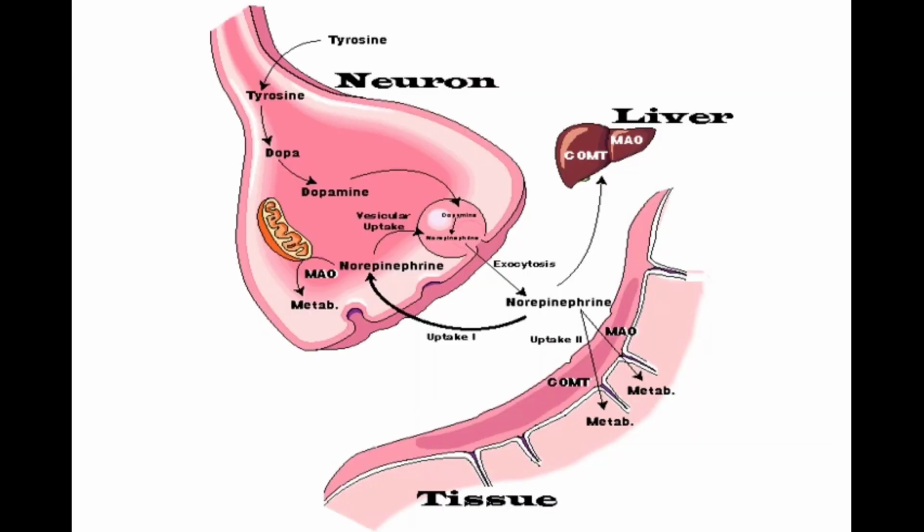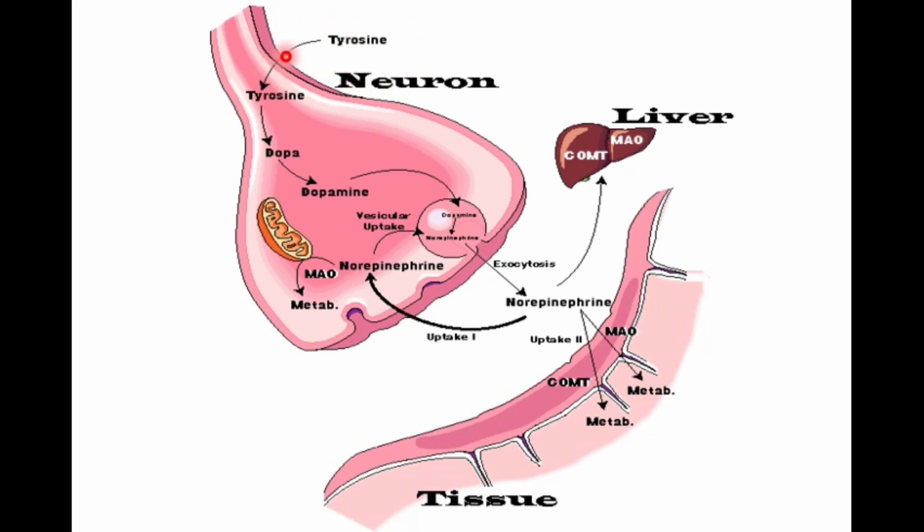The process of noradrenergic transmission is basically similar at all sites in the body. Synthesis of noradrenaline takes place at nerve terminals and varicosities. The starting material in noradrenaline biosynthesis is tyrosine.